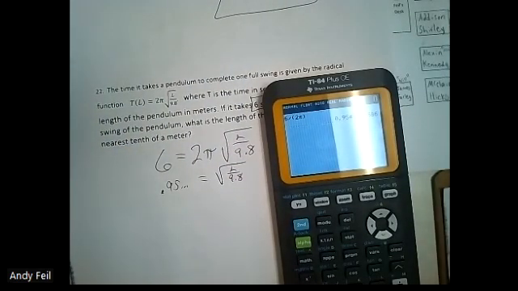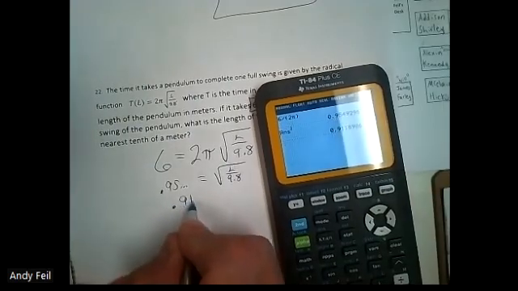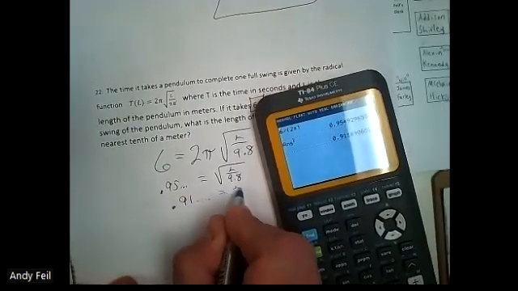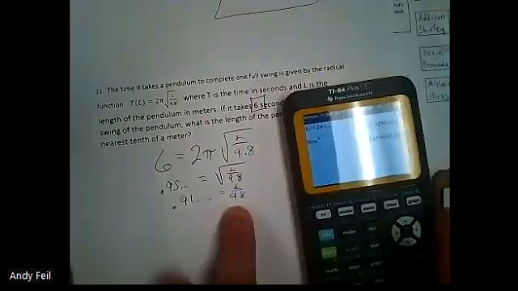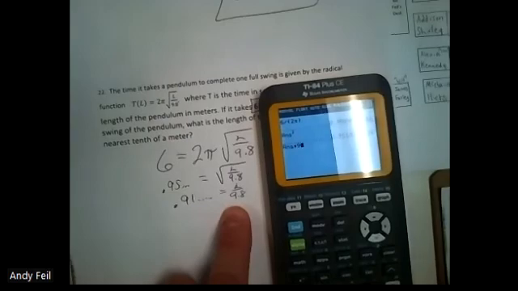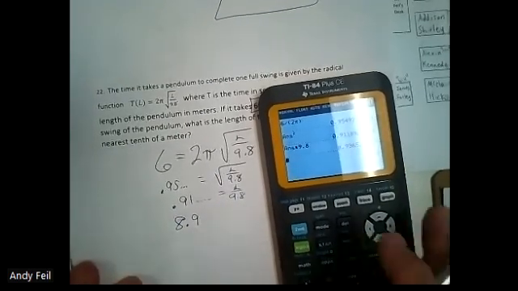Now square it. Big ugly number again, 0.91, blah, blah, blah, equals L over 9.8. Careful, times 9.8 equals 8.9.